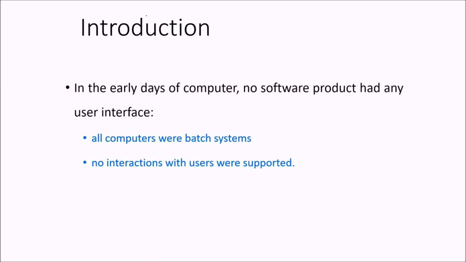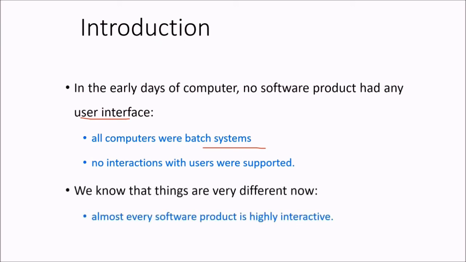In the beginning of the era, not in recent times, but previously, no software product had any user interface. All computers were actually batch systems, and there was no interaction with the users. Once the task is given, it is run on the backend systems under a batch category, so there is no interaction with users.